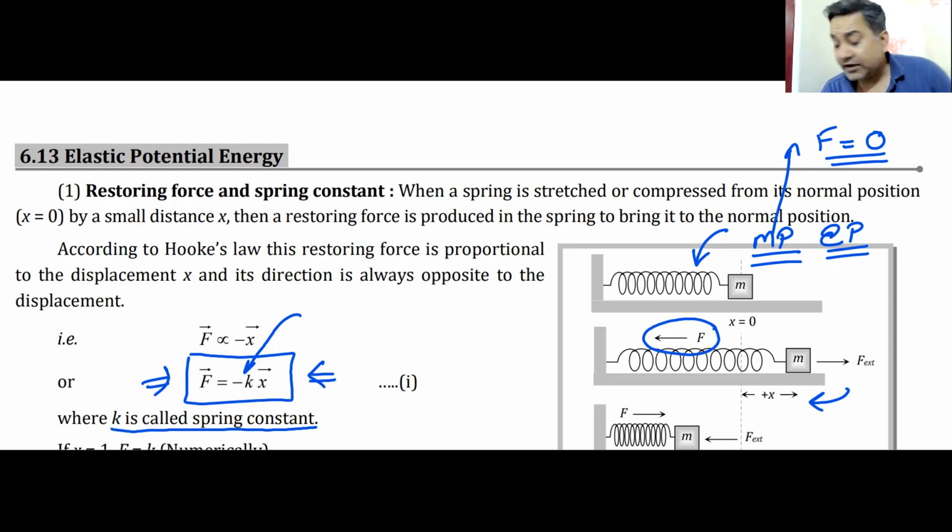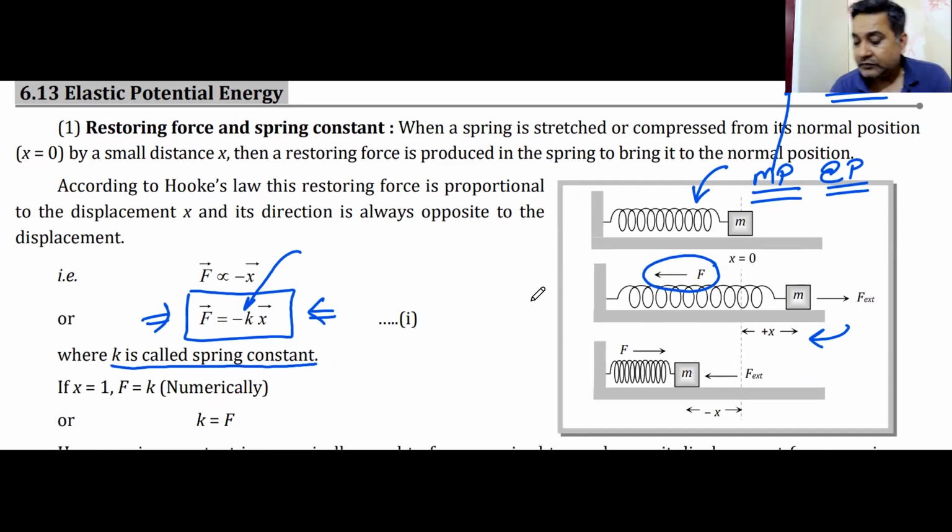Okay, I would ask you now to note these things down. You have to draw these three diagrams. This is the mean position. Here it has been extended. Here it has been compressed. So draw the three diagrams and draw the direction of force. In case number 2, the direction of force is pulling. In case number 3, the direction of force is pushing. So you got to write this.